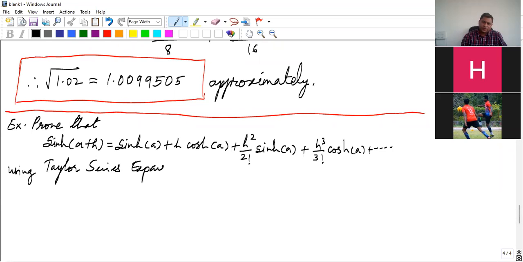Sir, can you please explain what is hyperbolic? Yes, for sure, I'll explain.